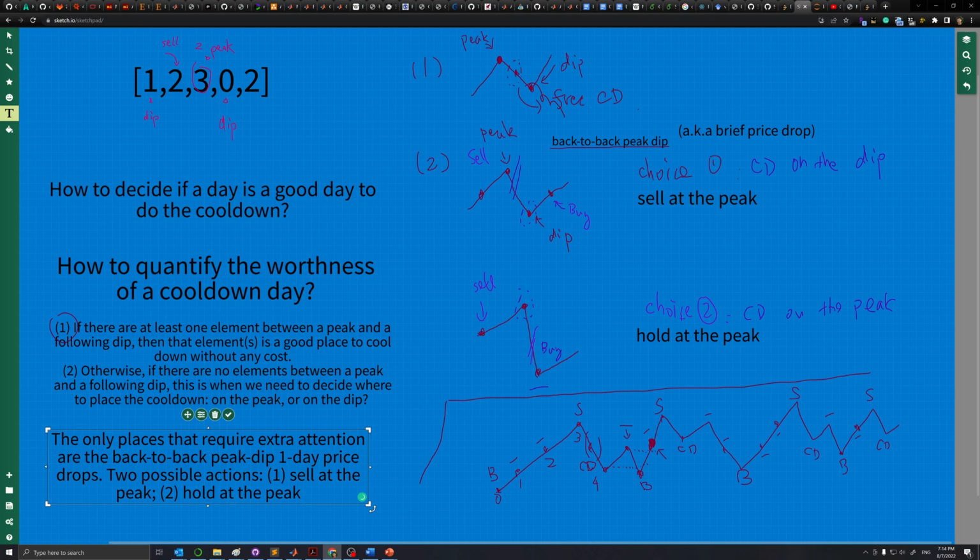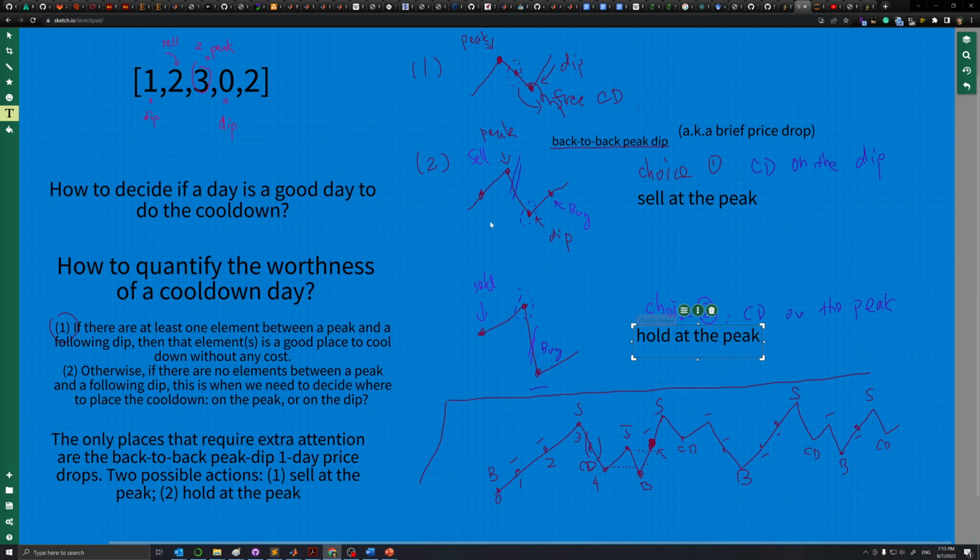So what do we mean if we hold at the peak? Is it hold or empty? Those are two different things.